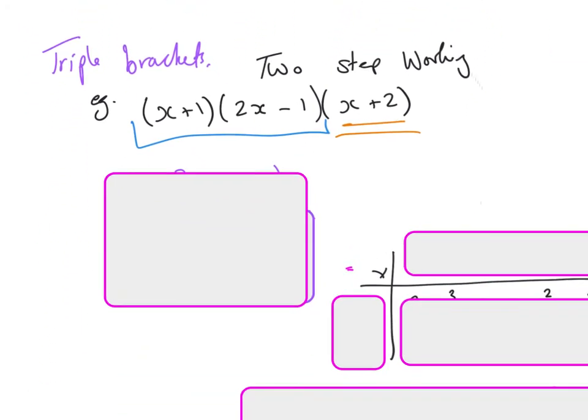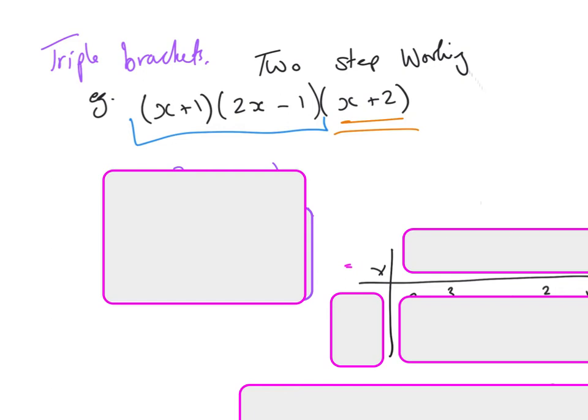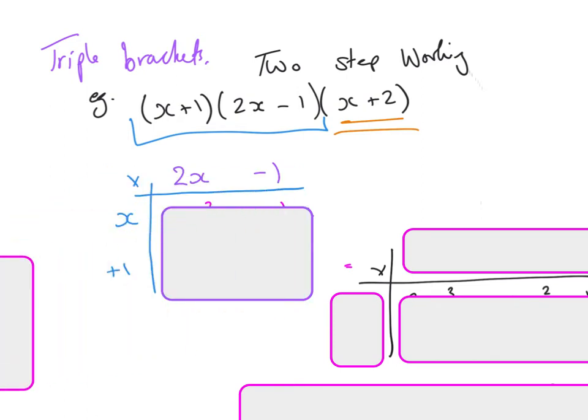The E band is looking at triple brackets. It is the same process, but we're going to have 2 steps. We're breaking the question down into 2 brackets to start with, like we've just shown you. And then once we've got the answer, we're going to add in the third bracket. So again, we start with a grid. I've got the x squared and the plus 1 from the first bracket down the side, and then the 2x minus 1 along the top, and I'm going to work that out to start with.